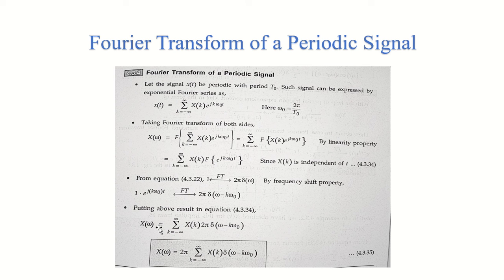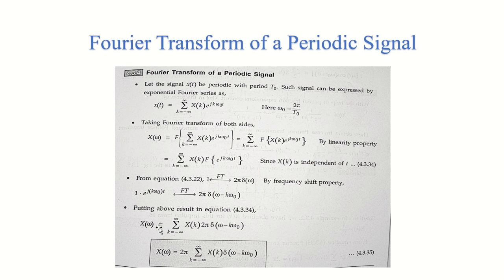So the heart of the statement will remain the same: x of omega, the Fourier transform of my periodic signal, will be 2 pi summation k equals minus infinity to infinity x of k into delta omega minus k omega 0. That is the Fourier transform equation for my periodic signal.